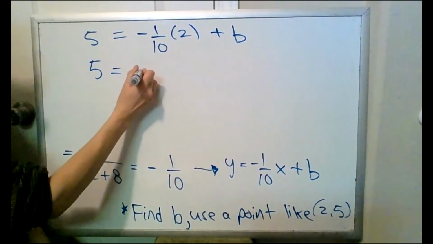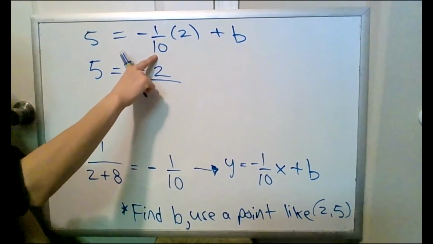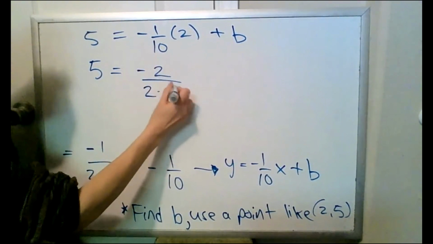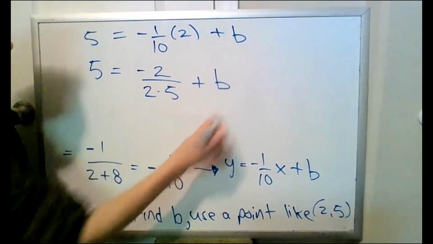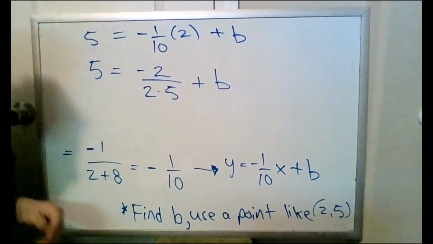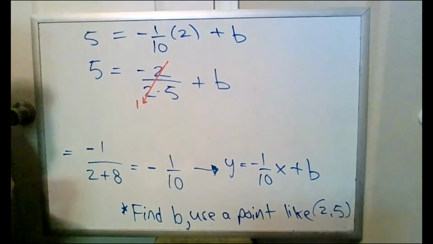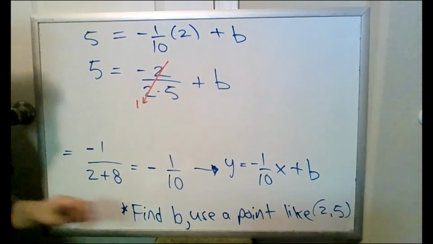Five is equal to negative 2 over 10, and I'm going to factor 10. It's 2 times 5. And then we're adding b. 2 over 2 simplifies down to 1. And so 5 equals negative 1/5 plus b.